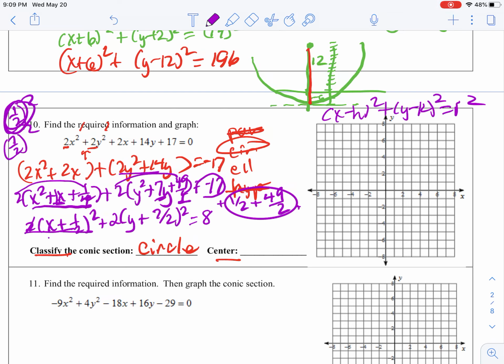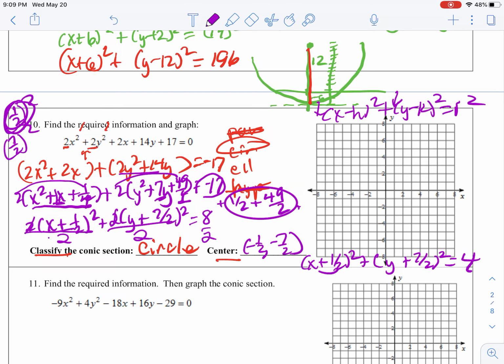So I don't want these 2's here, so I'm going to divide everything by 2, because you don't want coefficients in front of here. So I'm working with x plus 1/2 squared, y plus 7/2 squared equals 4. So my center is negative 1/2, negative 7 halves.